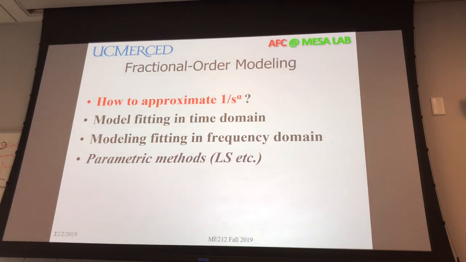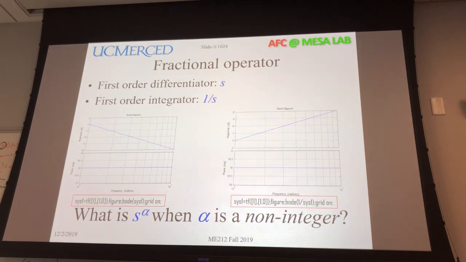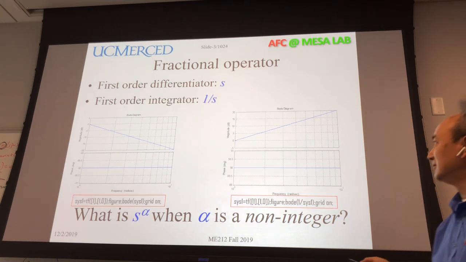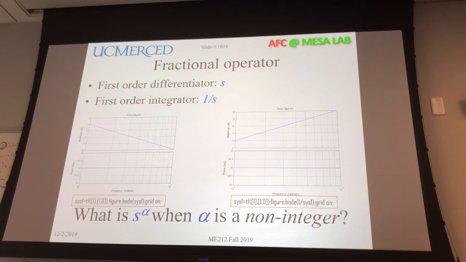So how can you approximate 1 over s to the power of alpha? There are many papers doing that. If you draw the Bode plot for s to the power alpha, it's perfectly fine in MATLAB. So this is 1 over s, and this is s.